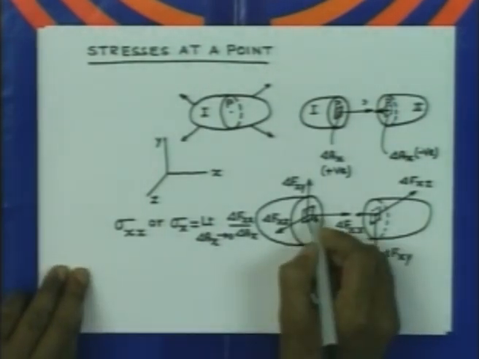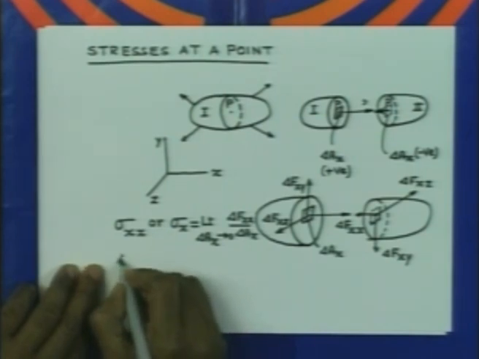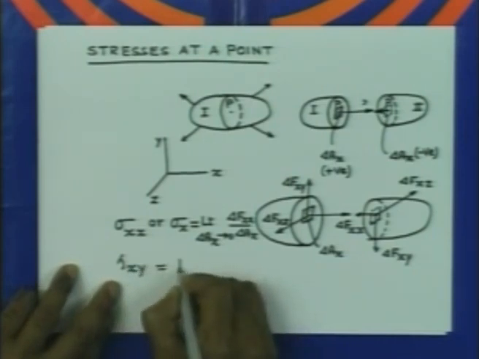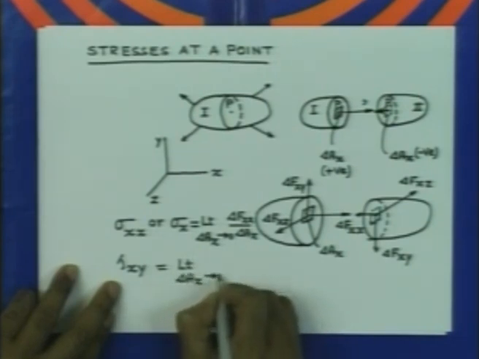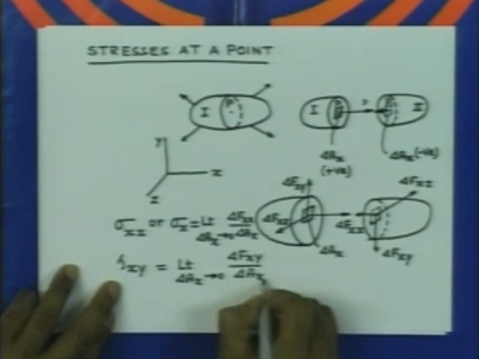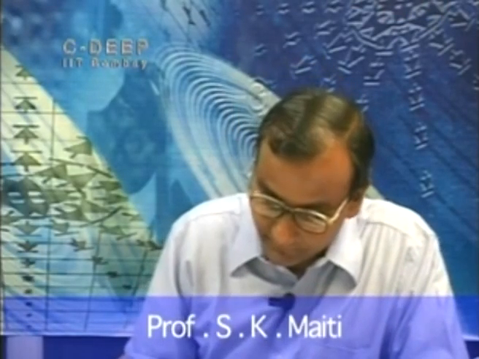Similarly, this delta Fxy can also be considered per unit area, and as delta Ax tends to 0, we get one component which is represented by tau xy, and it is given by the limit, delta Ax tending to 0, of delta Fxy divided by delta Ax. So this is tau xy, and it is acting parallel to this area, so it is a shear stress.